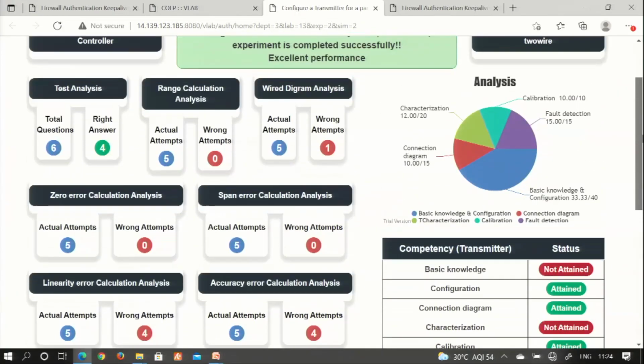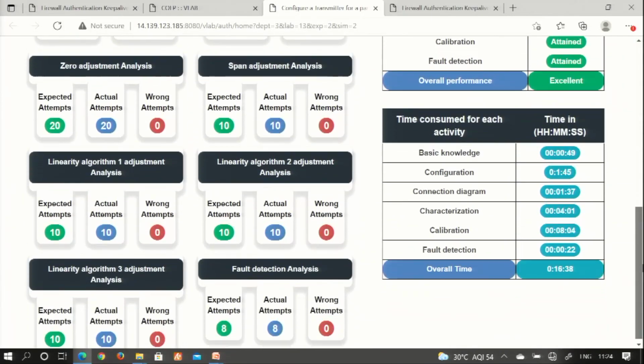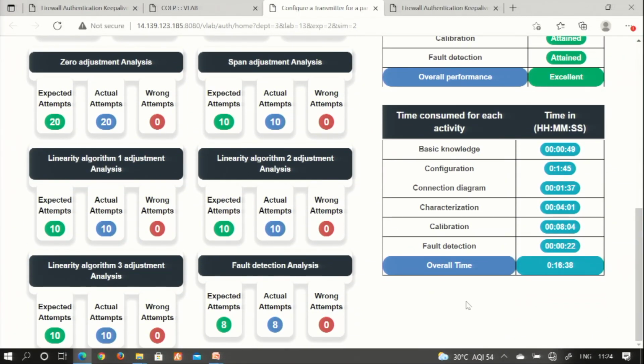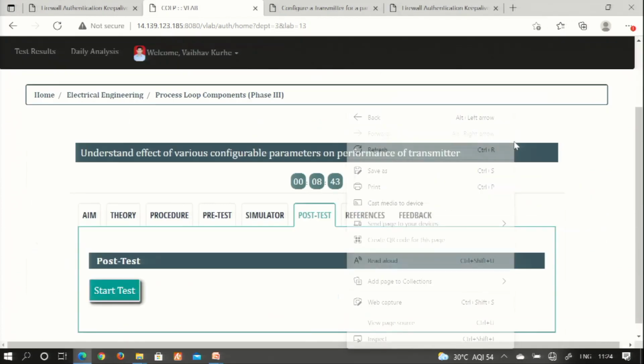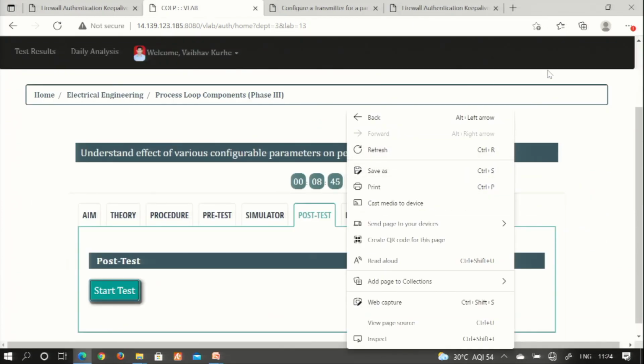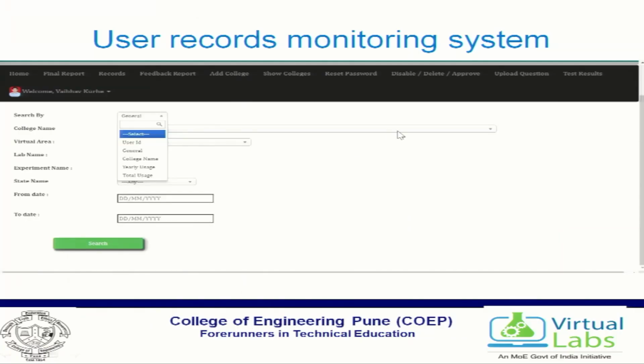These systems which I have explained to you will definitely help you in giving an insight into what is happening when a student is performing the practical. Now, what I am going to do is, I will go back to that presentation once again, so that we will come to know what is happening there.